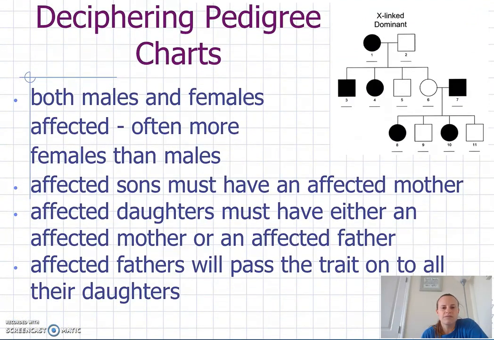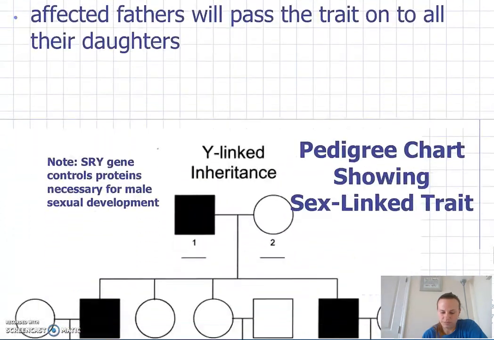Well, both males and females will be affected. Often it's more females than males. The affected sons must have an affected mother. The affected daughters can have either an affected mother or an affected father. And the affected fathers are going to pass on that trait to all of their daughters.